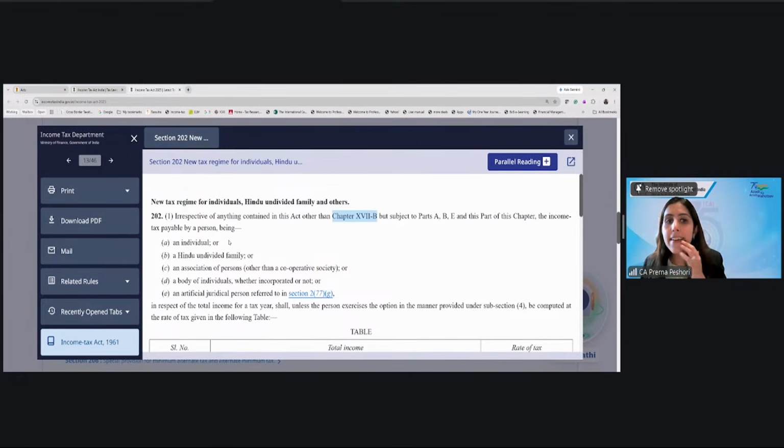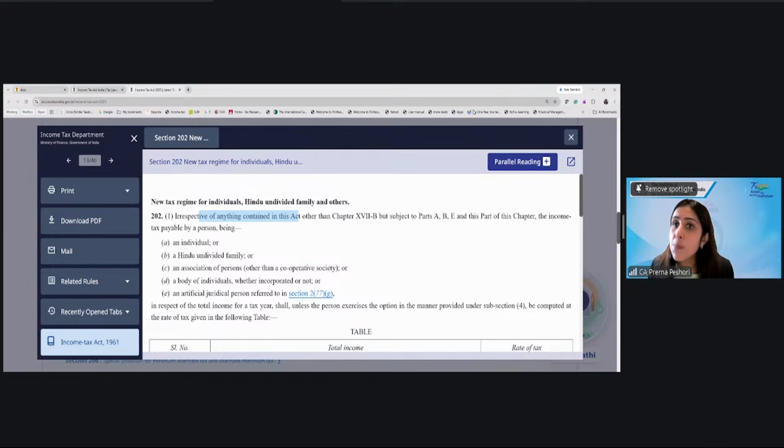But what it is saying is that irrespective of anything contained in this Act, meaning whatever is written in the Act, we are going to override, but we are going to subject it to chapter 13, other than chapter 13, but subject to part A, B, E and this part of this chapter.